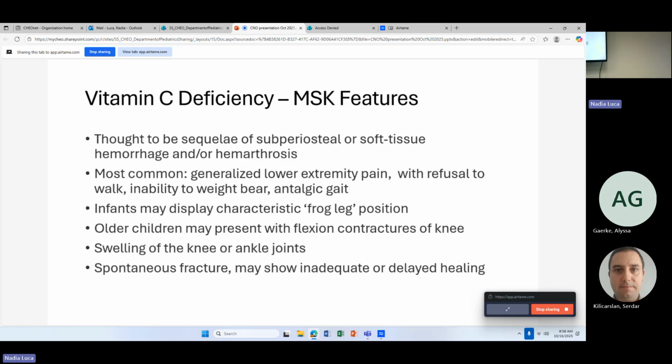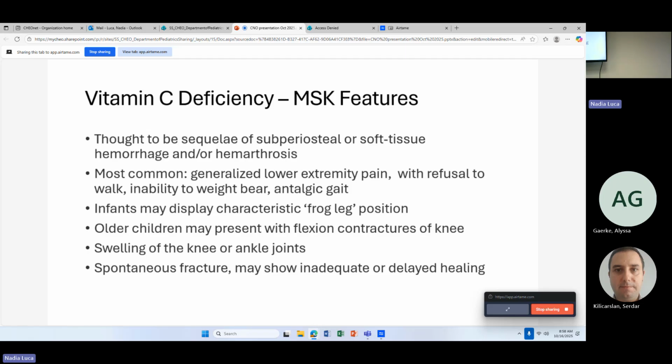So what they think is happening is that there's actually a periosteal or soft tissue hemorrhage occurring due to the vitamin C deficiency because of the capillary fragility. And in their presentation, when you look at these cases, they tend to have generalized lower extremity pain, not wanting to walk, not able to weight bear, an antalgic gait.